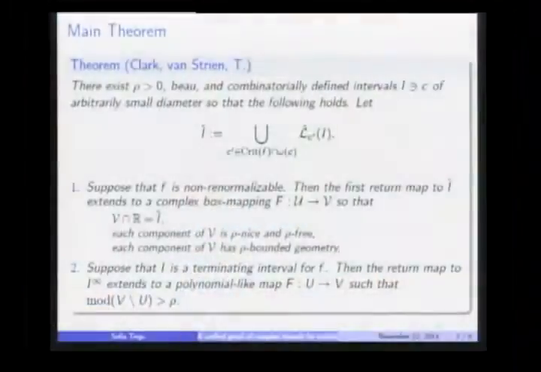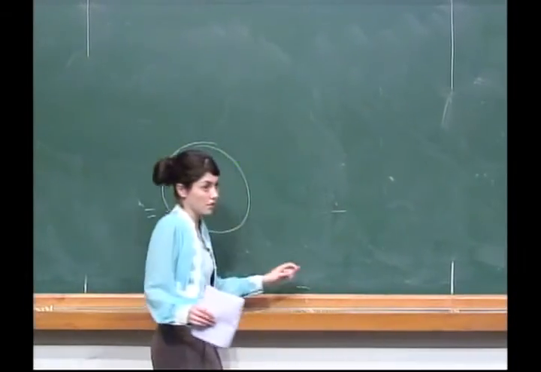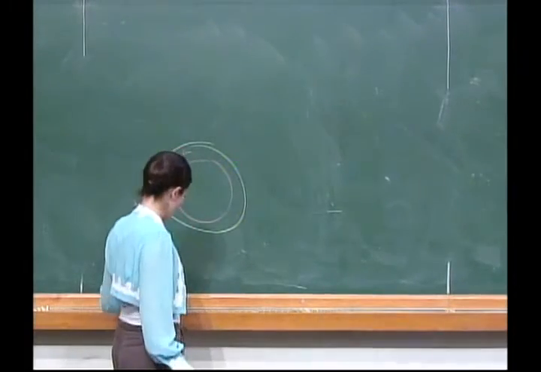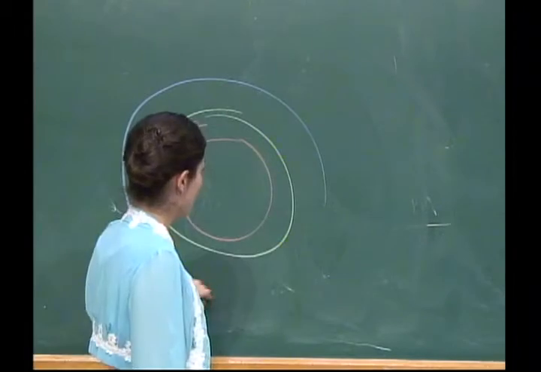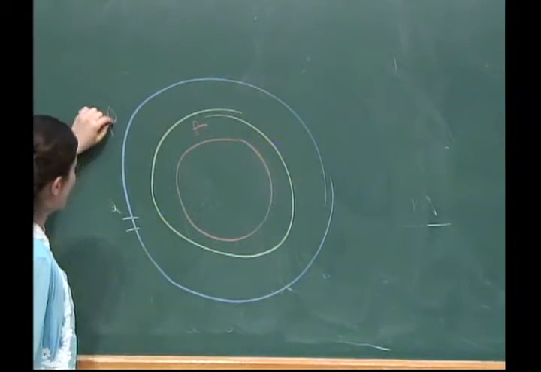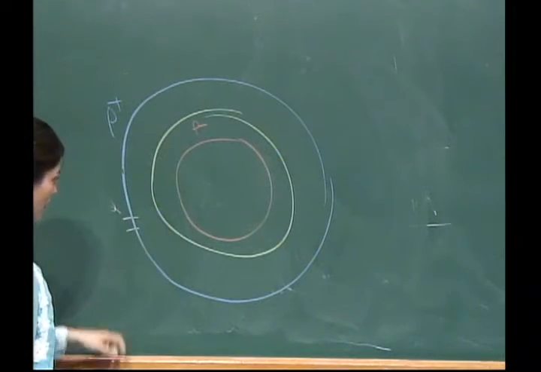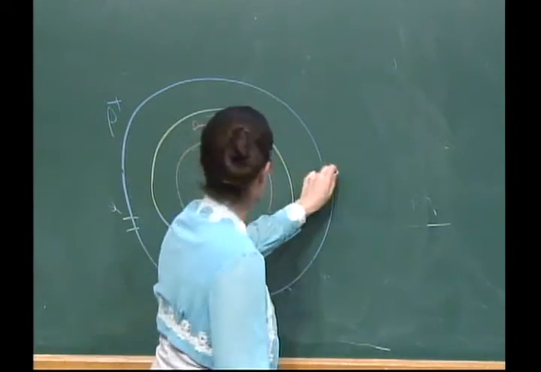And the third one is a bit more technical, but it basically means that if you take one of the domains, B, there exist two disks, which I'm going to call P minus and P plus, one outside and one inside, with this moduli big, and there's no post-critical set here.